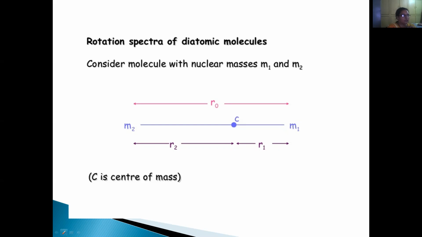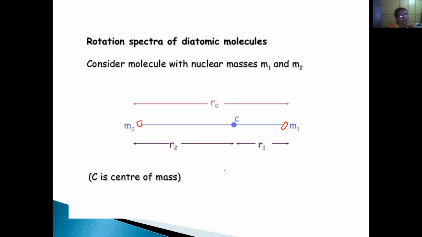Here you have these two atoms, which is why we are saying diatomic molecule. This has mass m1, this has mass m2, and the distance from the center of gravity is r2 for m2 and r1 for m1, and the overall distance is r0. C is the center of mass.